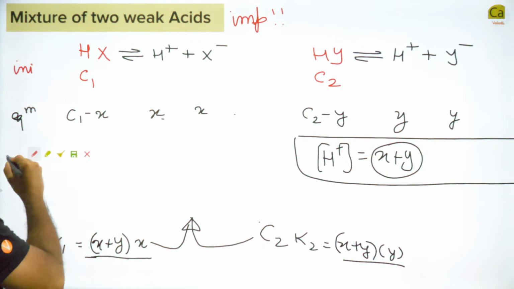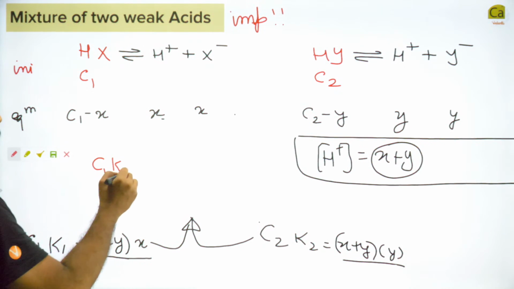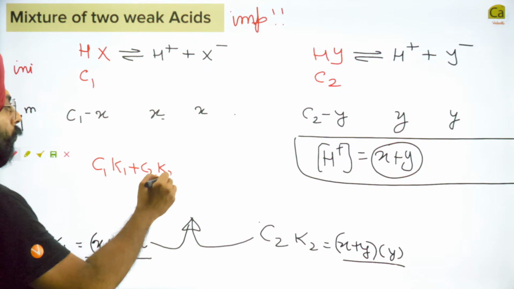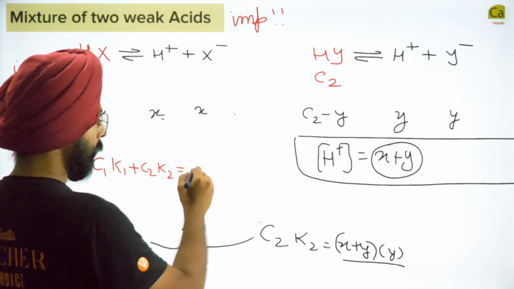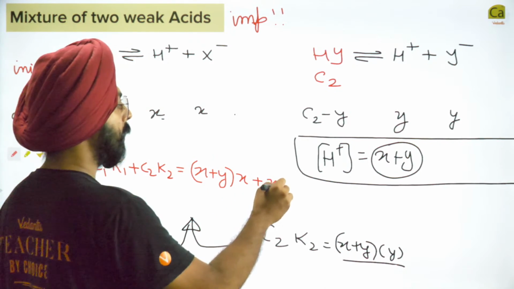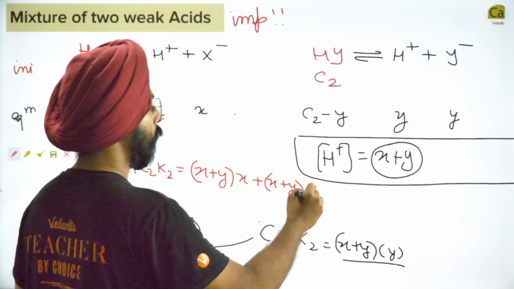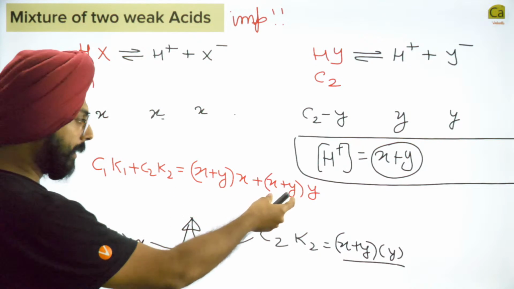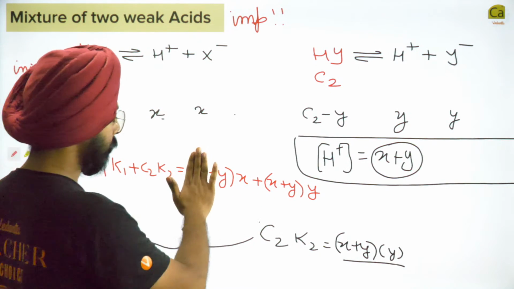What will we get? We'll get C1 K1 plus C2 K2 is equal to X plus Y into X plus Y into Y. यहाँ पे take X plus Y common. What will you get?